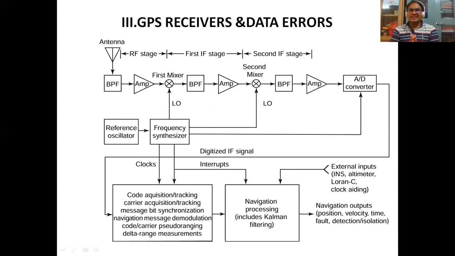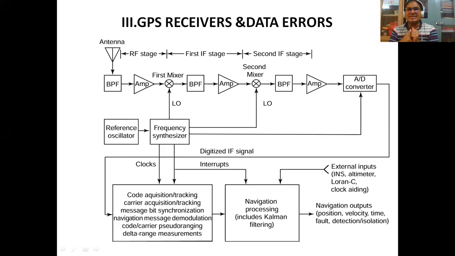And we have studied in our previous units what that GPS signal consists of, that we call a navigation message. What are the various parts of it? How many frames does it consist of? How many subframes? How many words? And each word is of how many bits? And how to identify the start of a frame and the end of a frame.